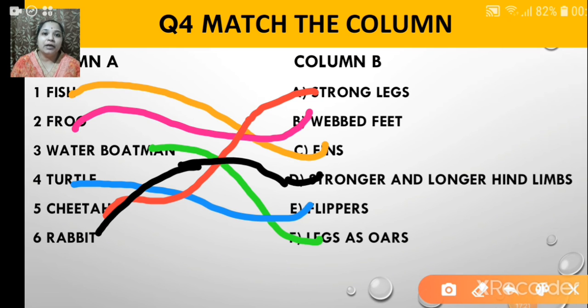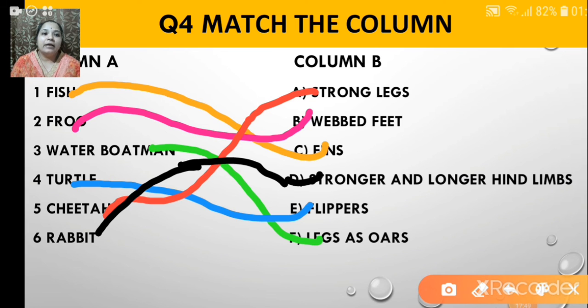Next is cheetah. We have discussed that animals like cheetah, zebra, gazelle have very strong legs. So, these strong legs help them to run fast. We cannot run so fast because our legs are not as strong as these animals. Now, rabbit.